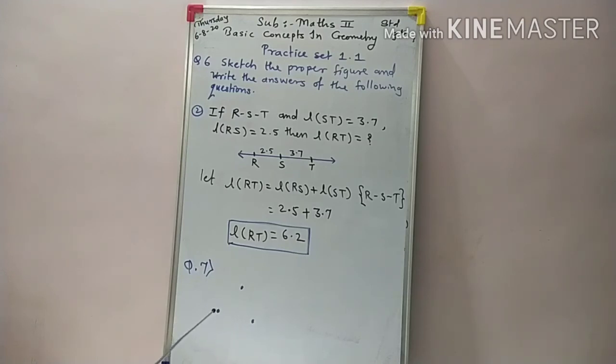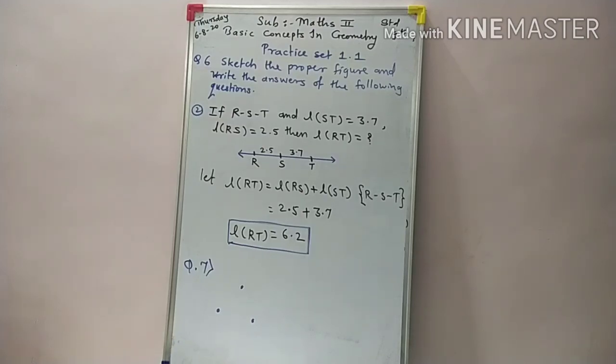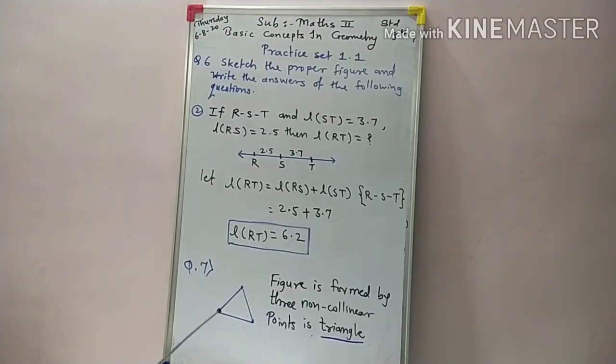Then which figure is formed? As we join these 3 points, which figure is formed? Yes, the triangle. So the figure formed by 3 non-collinear points is a triangle. So a 1 mark question in the exam like this. You just take 3 points and join them, so the figure formed is what? Triangle.